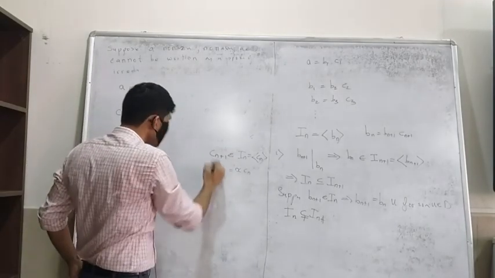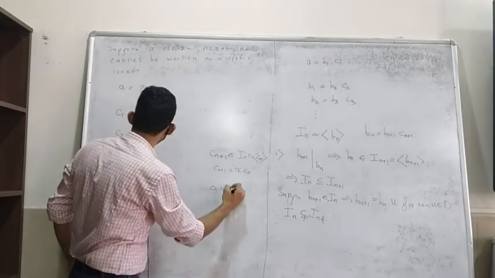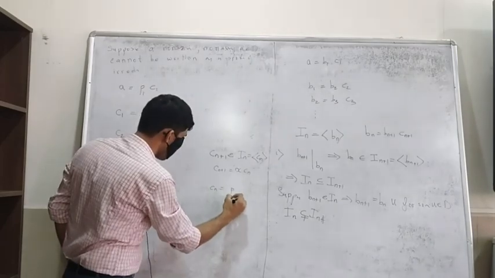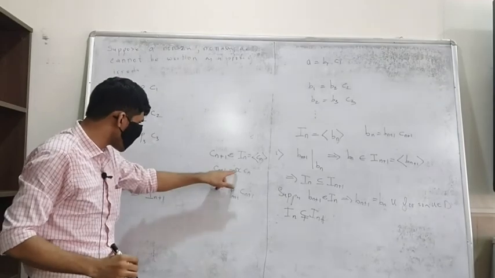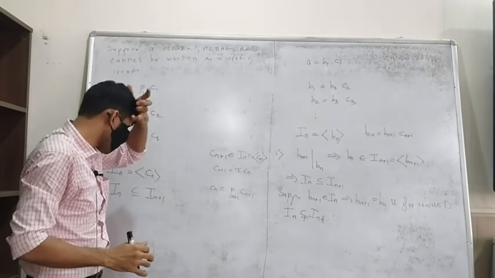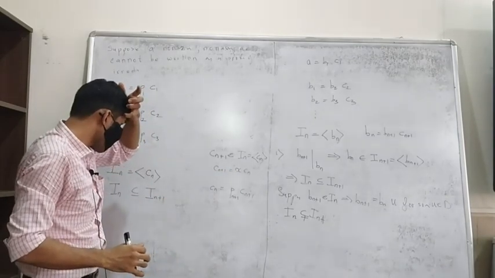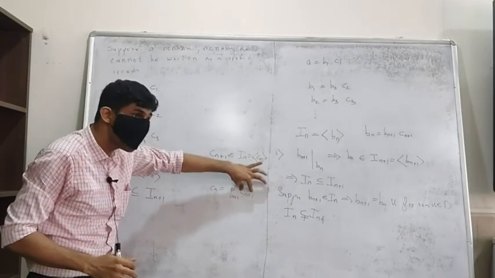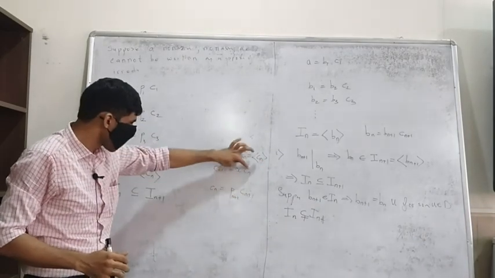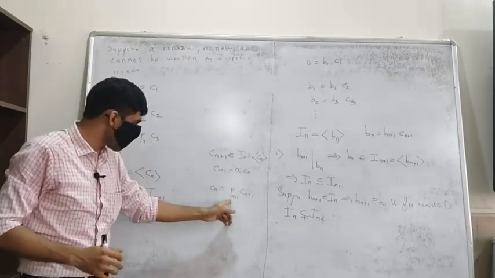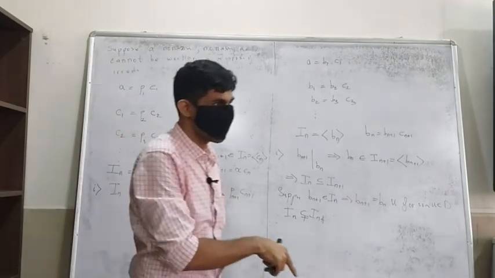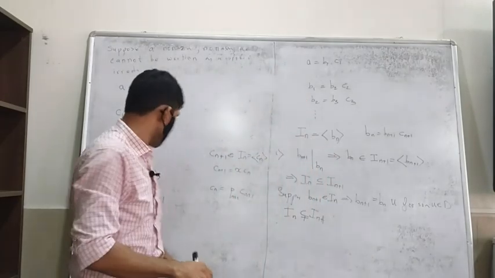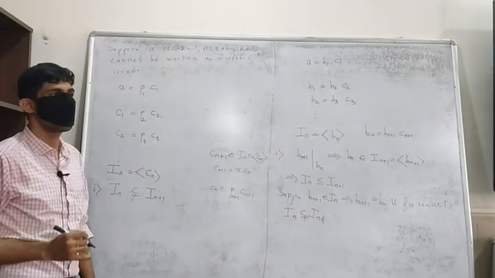But we know that Cn can be written as Pn plus 1 times Cn plus 1. So you make the substitution, put this inside here. What will that tell you? Cancel out Cn on both sides. It will tell you that Pn plus 1 is a unit, but Pn plus 1 is irreducible. That's a contradiction. Okay, so therefore this containment is proper.